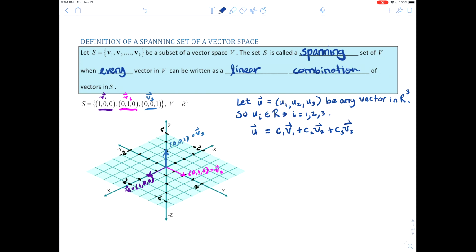Good so far? All right, well, what is U? Beautiful. U is U1, U2, U3 in component form. And we need to write this as C1 times 1, 0, 0, because that was vector V1, plus C2 times 0, 1, 0, plus C3 times 0, 0, 1. Good so far?